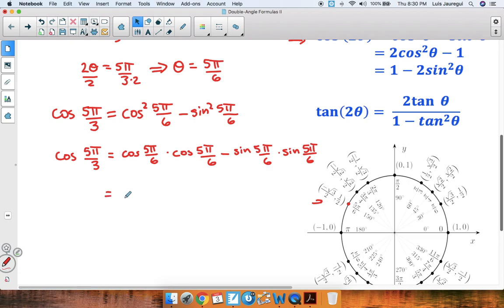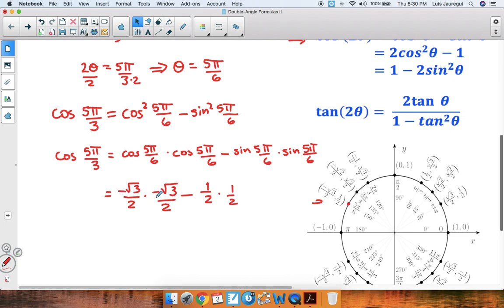So we can say that this is equal to negative square root of 3 over 2 times negative square root of 3 over 2 minus sine of 5 pi over 6 times sine of 5 pi over 6, which is associated with your y-coordinate. So the y-coordinate at this particular angle happens to be 1/2. So we have 1/2 times 1/2.